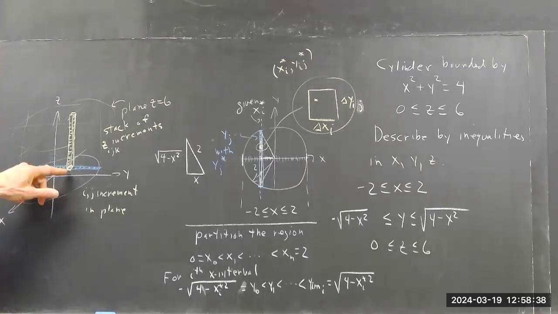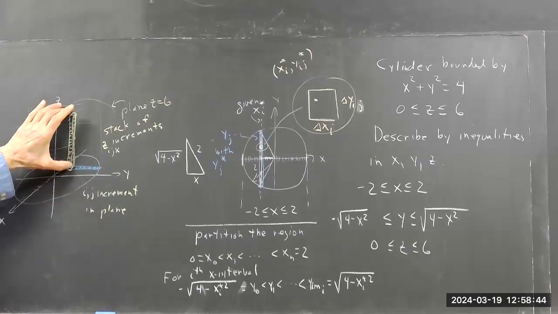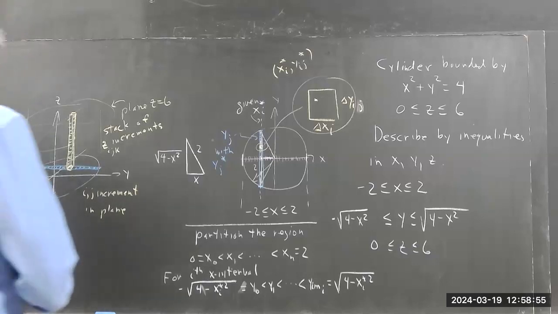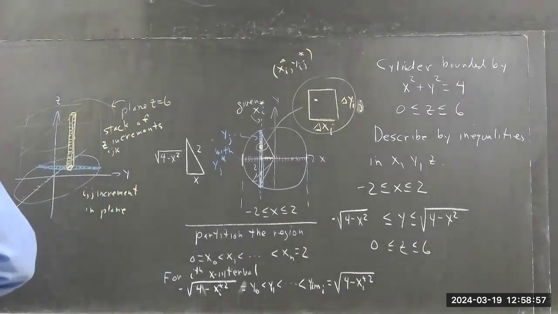You have IJ that narrows you down to this little increment in the XY plane. Now you've got a stack here, right? Okay. And your typical increment there.